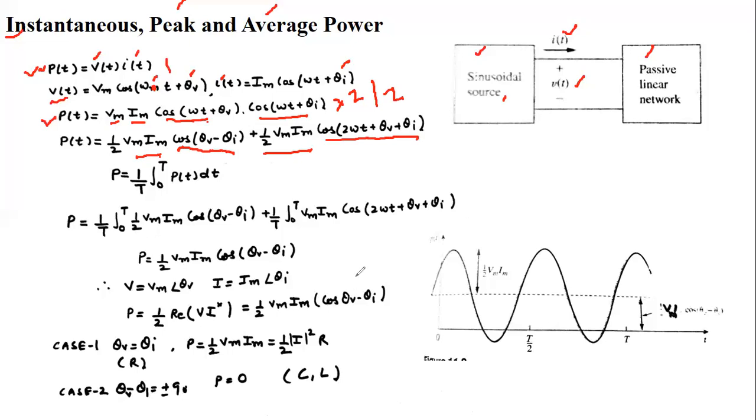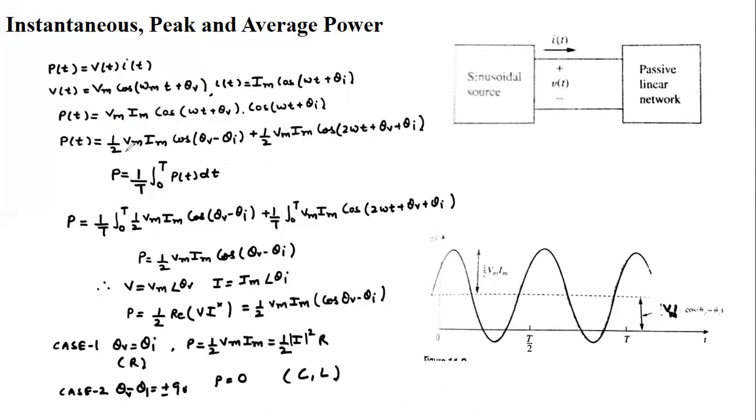One term is constant, it is not a function of time, while the second term has double the frequency, 2 omega t, and the total phase is theta v plus theta i.